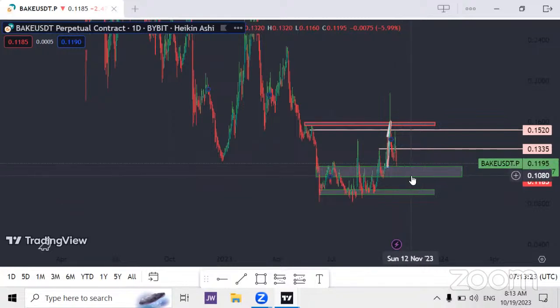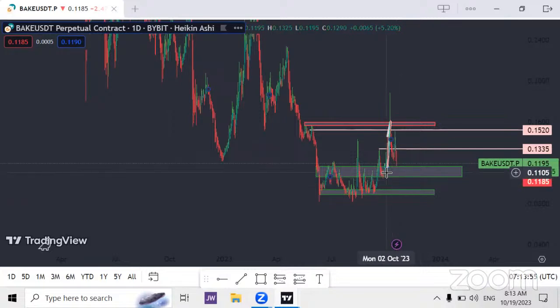Here is my liquidation price. And the DCA will not work because the liquidation is closer to the entry than this. My first trade liquidation is here, 0.10220.